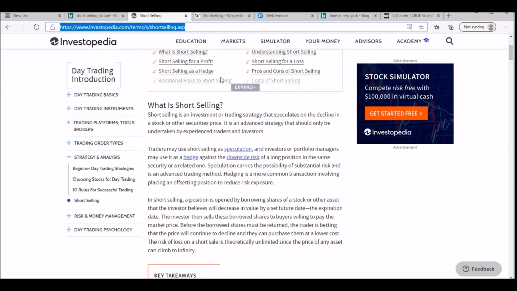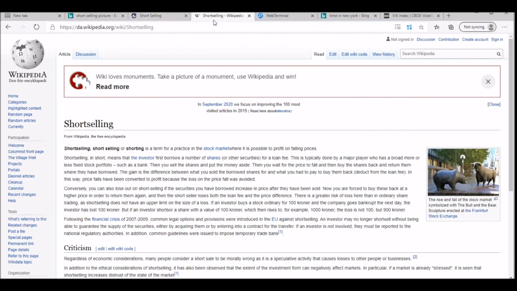Good. Let's also check what Wikipedia has for us. Wikipedia says short selling, or shorting, is a term for a practice on the stock market where it is possible to profit on falling prices. Guys, take note: it is possible to profit on falling prices.